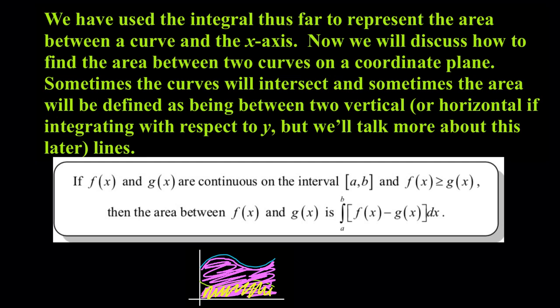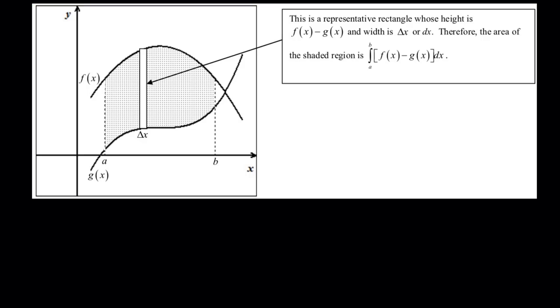And so if we want the area between the two curves, what you would end up doing then is subtracting the yellow area from that pink area, which will give us the area between our two curves. So that's kind of what we are going to be doing with this.